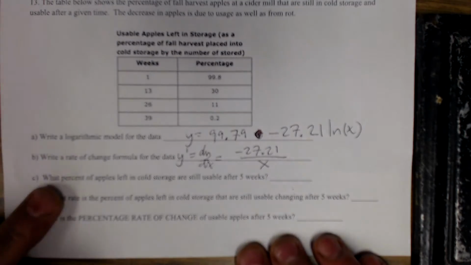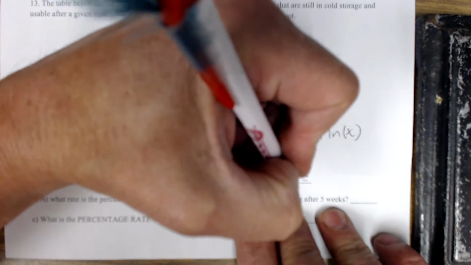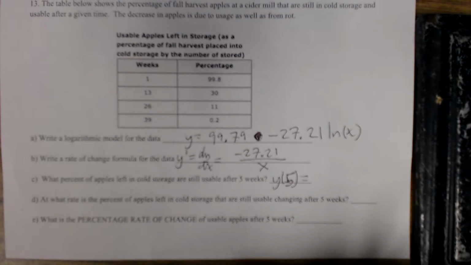That's pretty easy. Now, what percentage of apples left in cold storage are usable after 5 weeks? Well, we're going to plug 5 into the original function. So our original function is the y function. Let's plug it into the rounded model.